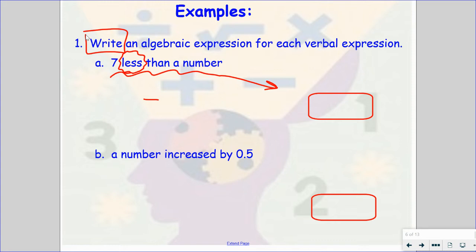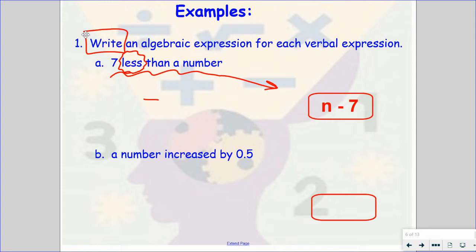And then what goes up or down. In this case, we do not start with 7. We start with some number and then take 7 less than that. Therefore, I'm going to use n for a number, subtract 7. That is how we convert words into math, convert a verbal phrase into an algebraic phrase.